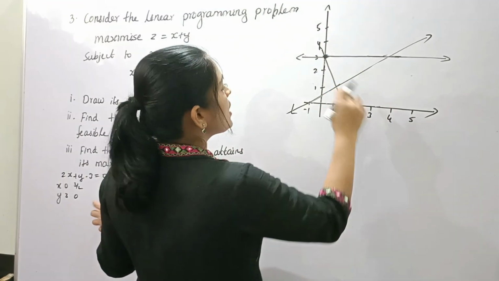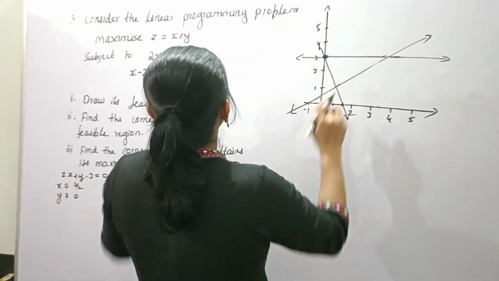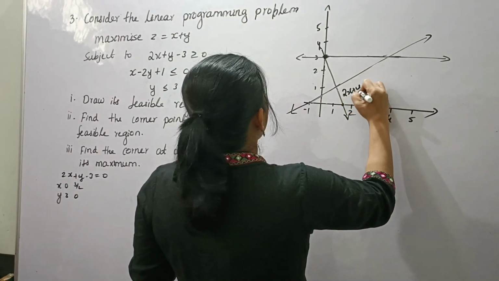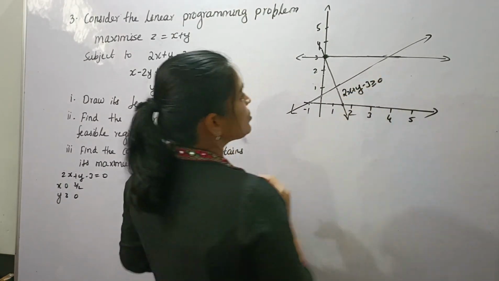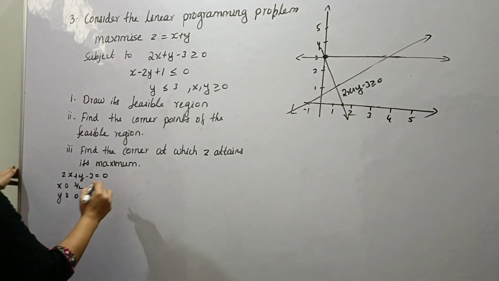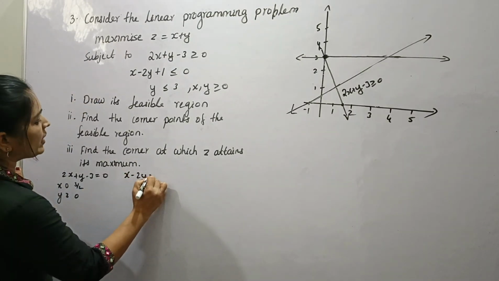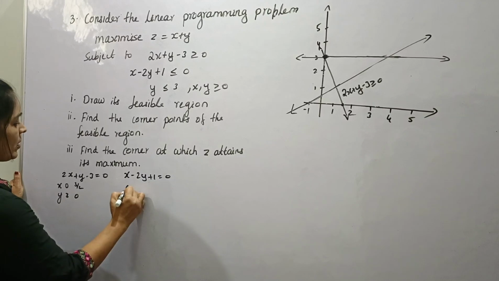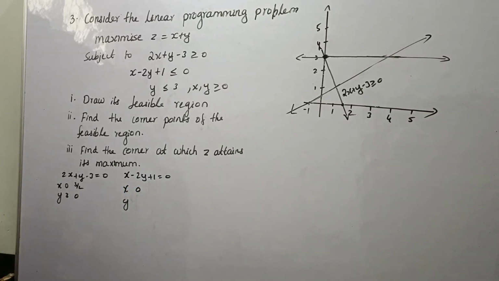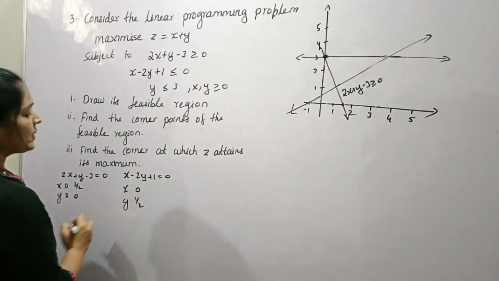So join these points. It is the line 2x plus y minus 3 is equal to 0, and the constraint 2x plus y minus 3 greater than or equal to 0. After that, next constraint: x minus 2y plus 1 is equal to 0. When x is equal to 0, y is equal to 1 by 2, right?